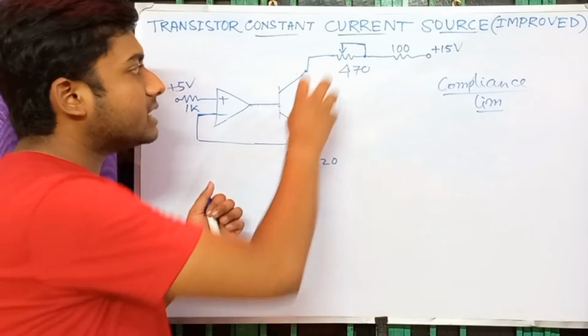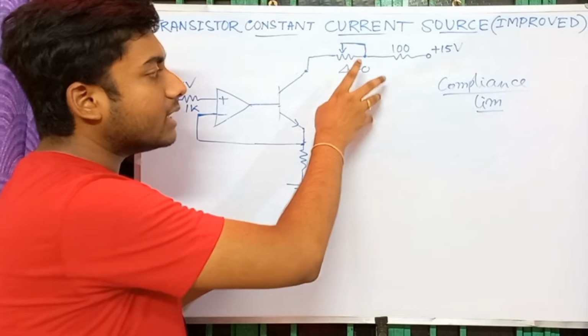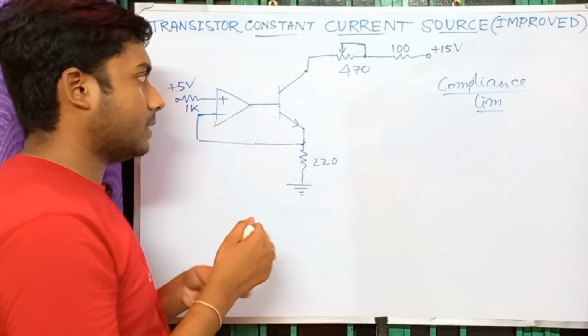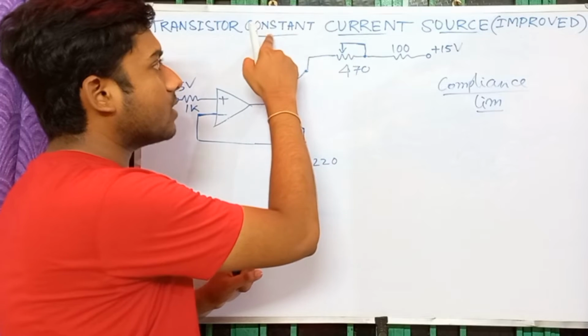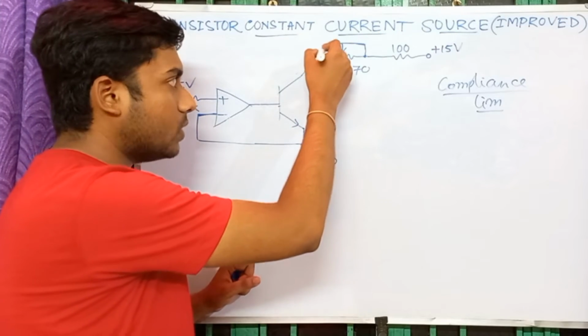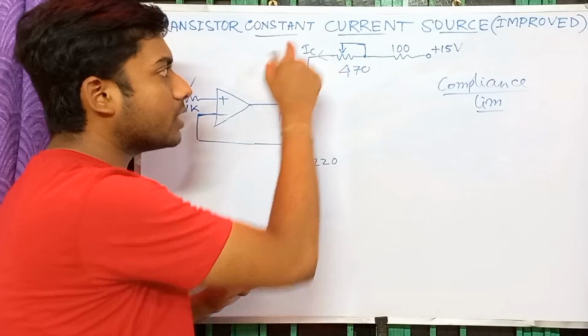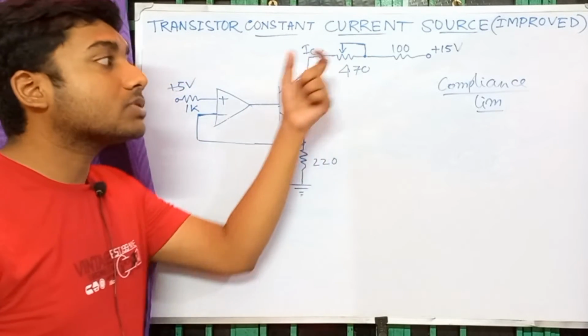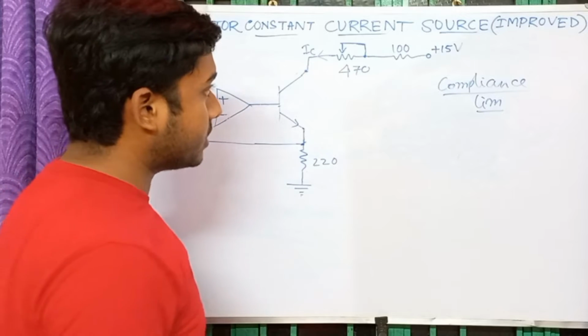So when we change the resistance, what should happen? This is a constant current source, which means when we change the resistance, this IC should remain constant, but that was not actually happening. Why was that not happening?